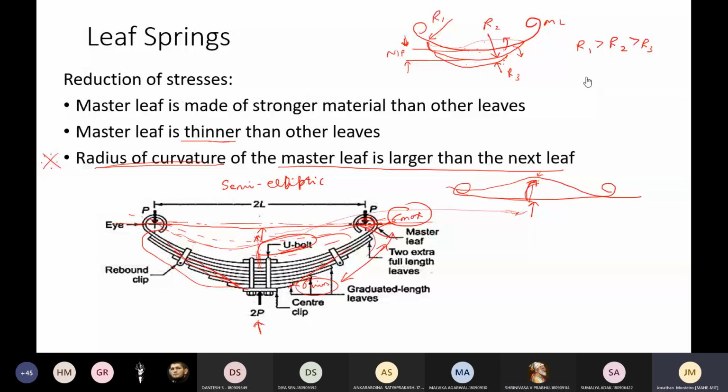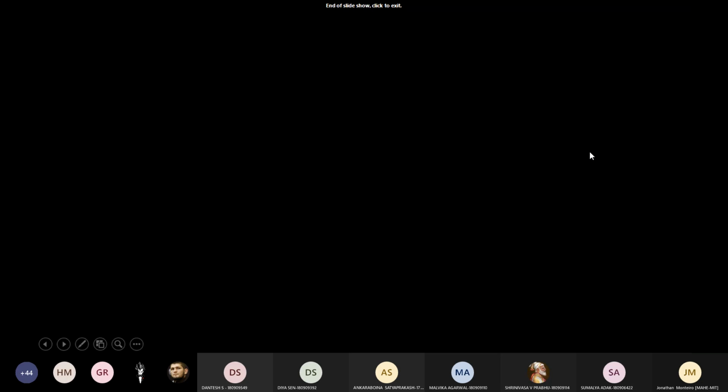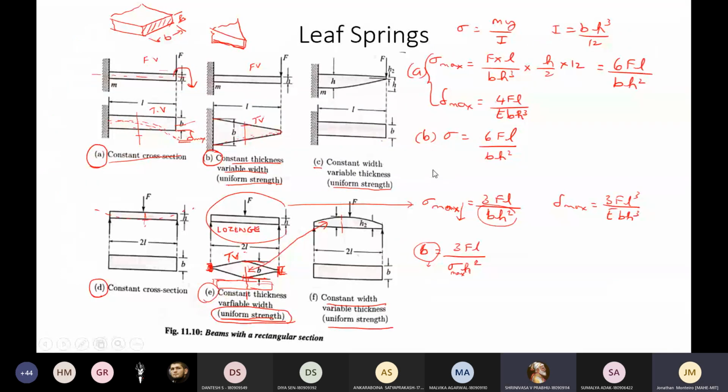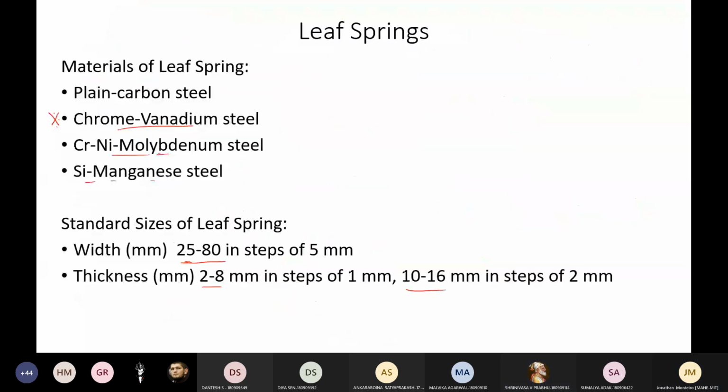So yeah. So can you go to the slide that has standard dimensions of the leaf spring? Standard dimensions? Here, this one is it? Yeah. No, the standard dimension that mentions 25 to 80 in 5 millimeter steps. Yeah.